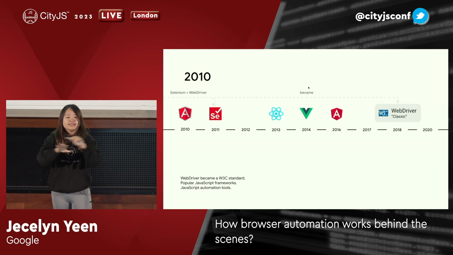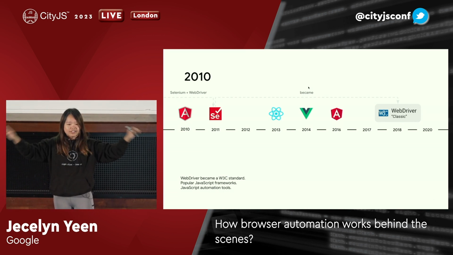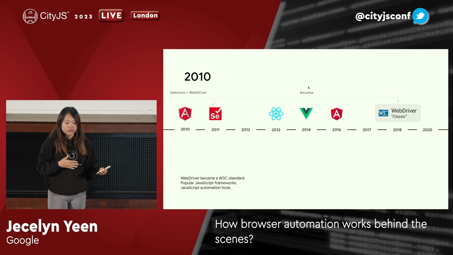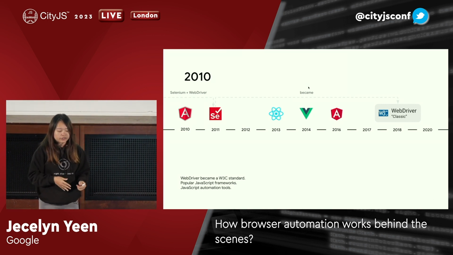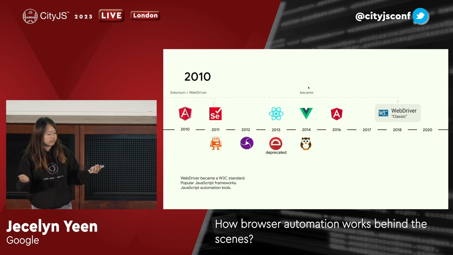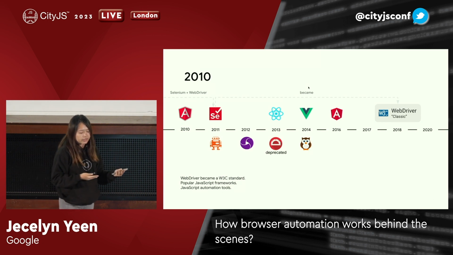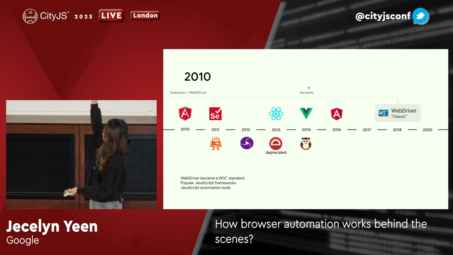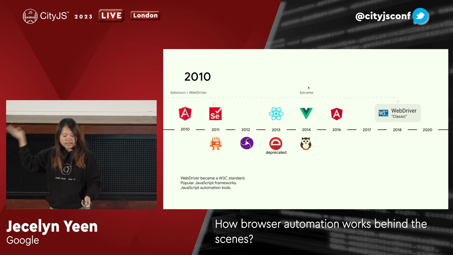At this time, a lot of JavaScript frameworks started booming. And naturally, people also wanted to start writing test automation scripts with JavaScript. So we have quite a few libraries and testing frameworks coming out, which are WebDriver IO, Appium, Protractor, which is deprecated, and Nightwatch.